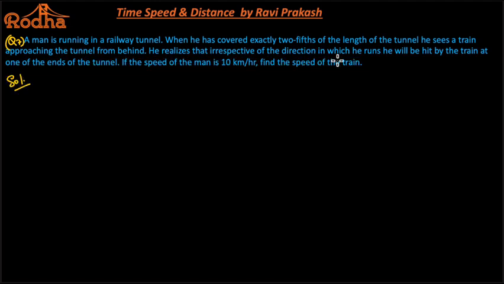देखो, तो what is happening basically, let's say for example, there's a tunnel here. तो देख यहाँ एक tunnel है, ठीक है? In this tunnel, a man is running in a railway tunnel when he has covered exactly 2/5 of the length of the tunnel. So 2/5 means, let's say he is right now here. That means I can assume the total length of the tunnel to be 5D.